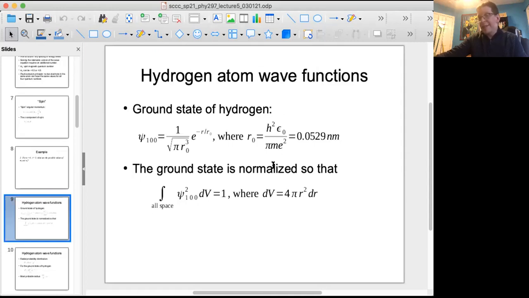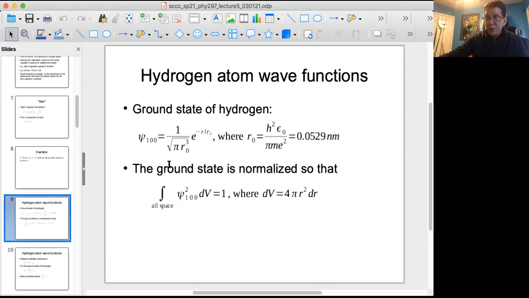So even with quantum mechanics and going about things a different way than Bohr did, you get this value for the Bohr radius. And so this term comes from normalizing the wave function. And we'll talk about that a little bit more in a bit.